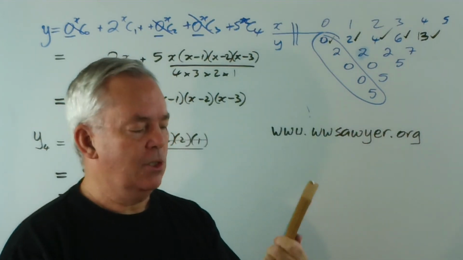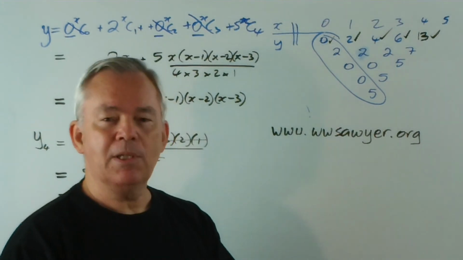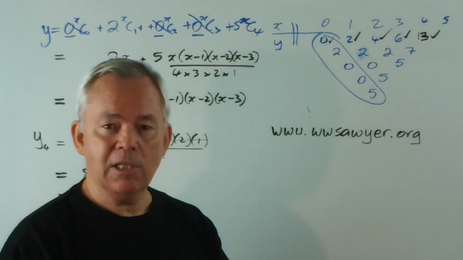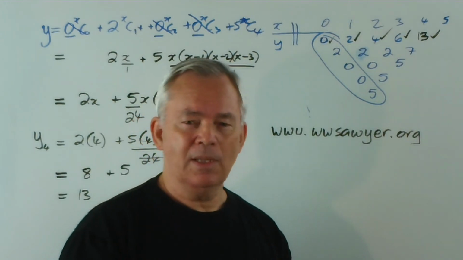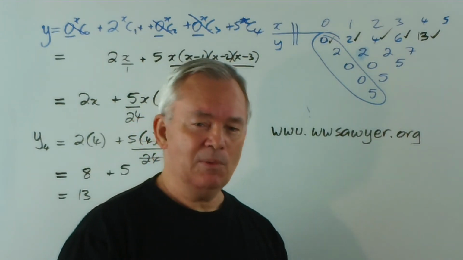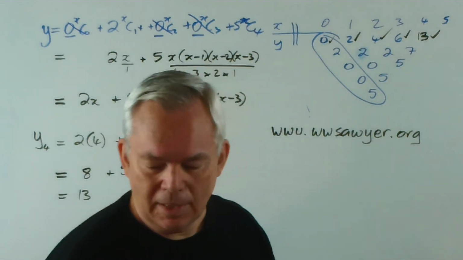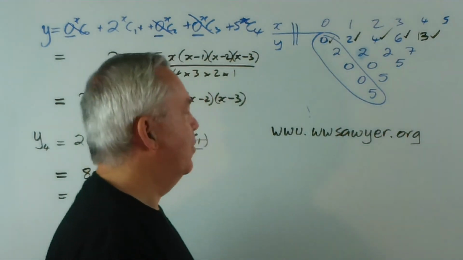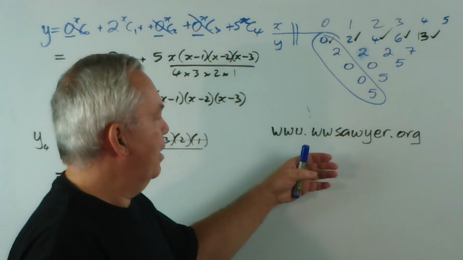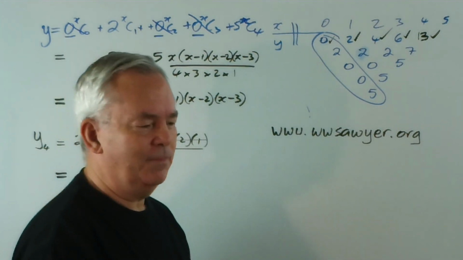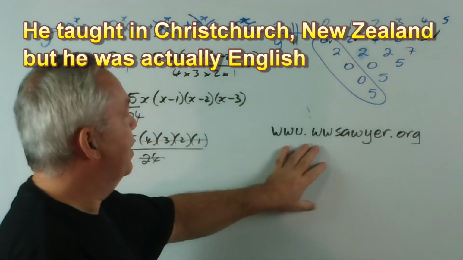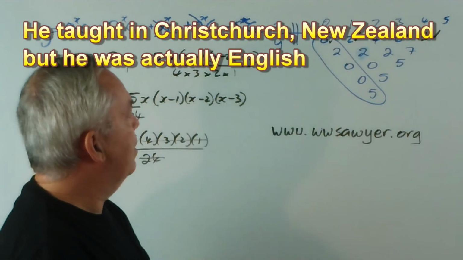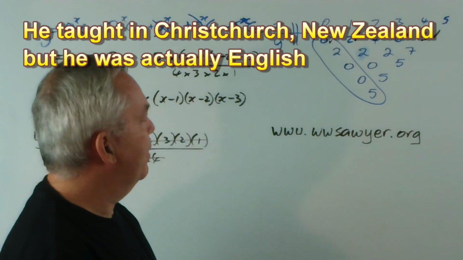He wrote books like The Search for Pattern, A Mathematician's Delight, which was, I think, his first book, which sold something like 5 million copies. Probably the best-selling mathematics book ever. Remarkable. Can't say enough about him. New Zealander, from not far from Australia. But he died in Canada.